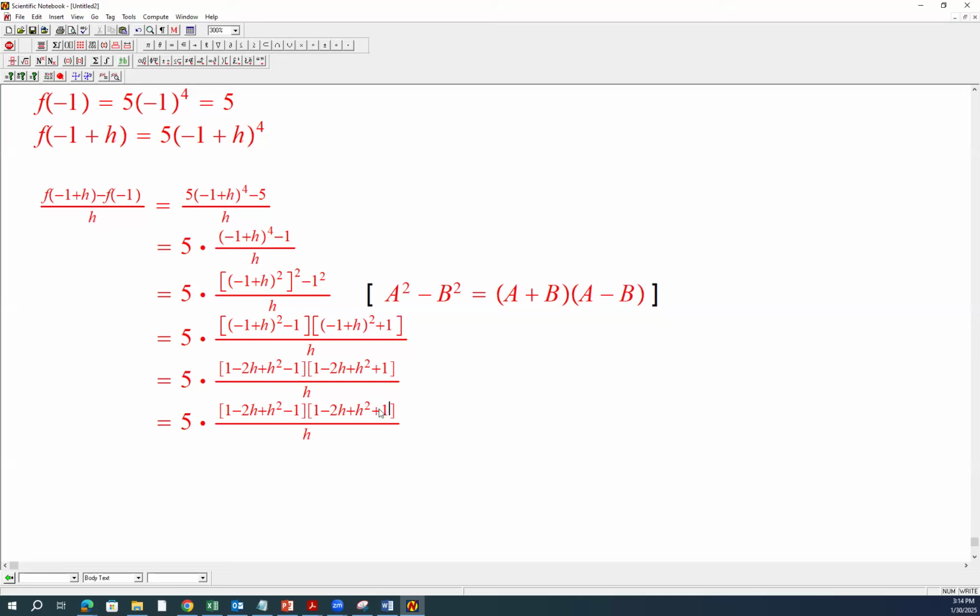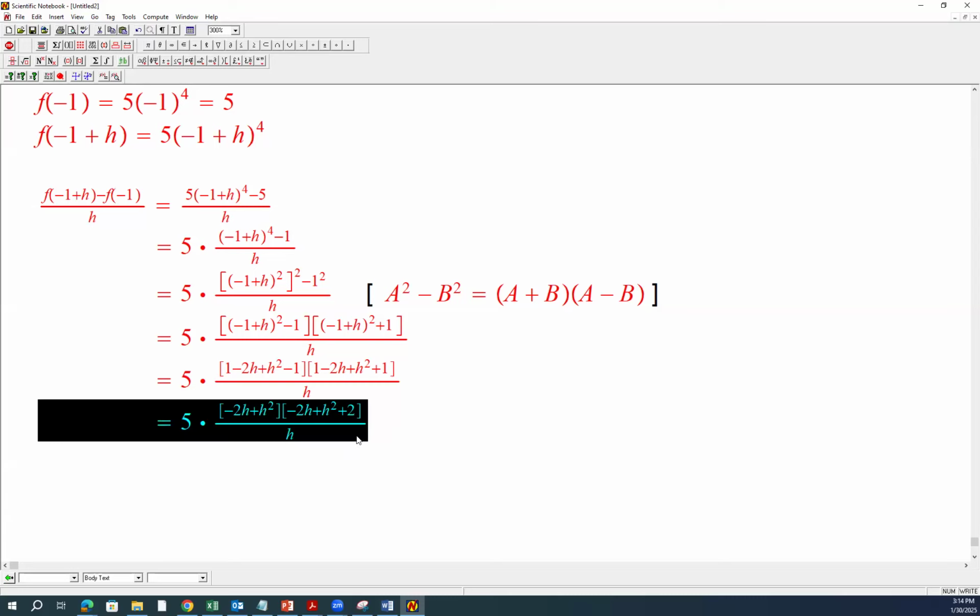On the second bracket, you basically get 1 plus 1, that's going to be 2. On the first one, it's 1 minus 1, so you get a 0. On the first bracket, you can factor out the h. Let me write one more step.